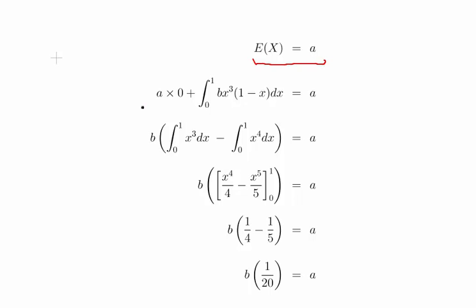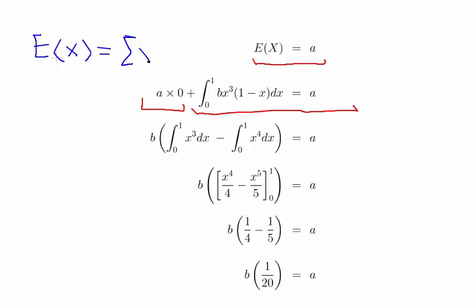Again we're going to break it up into two parts, our discrete part and our continuous part. If you recall, for a discrete distribution, the expected value of x is the sum of x times p of x, and that's what we have here.